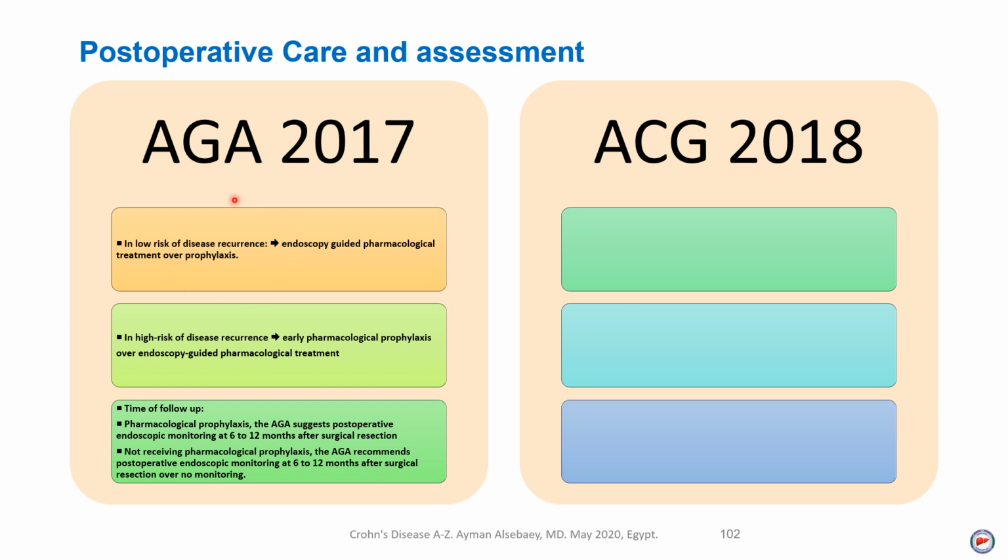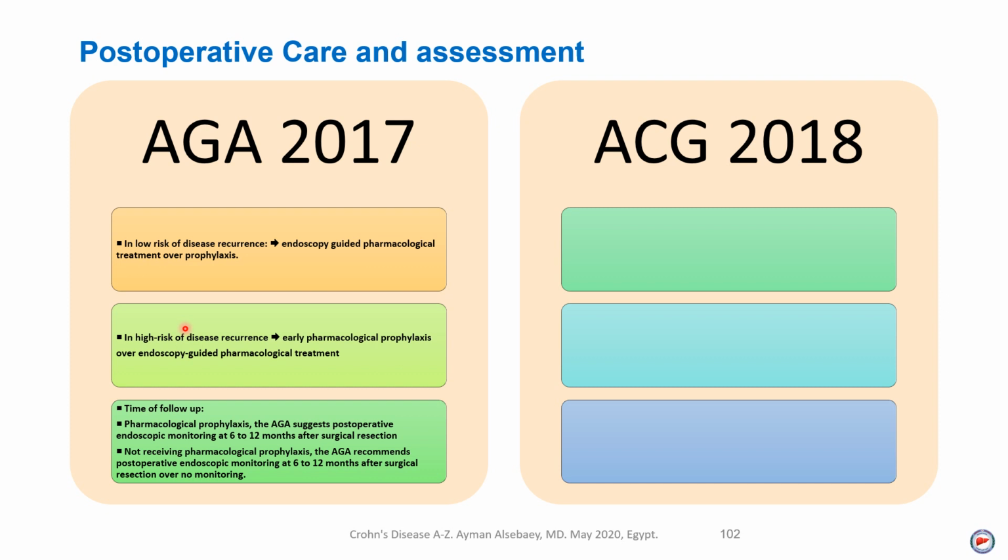If the patient has low risk of recurrence, we will do what is called endoscopy-guided pharmacological treatment. Do endoscopy after 6 months to see if there is recurrence or not. Recurrence, we will give anti-TNF. No recurrence, don't give anything. Okay? But if the patient is high risk from the start, we should begin early pharmacological therapy.